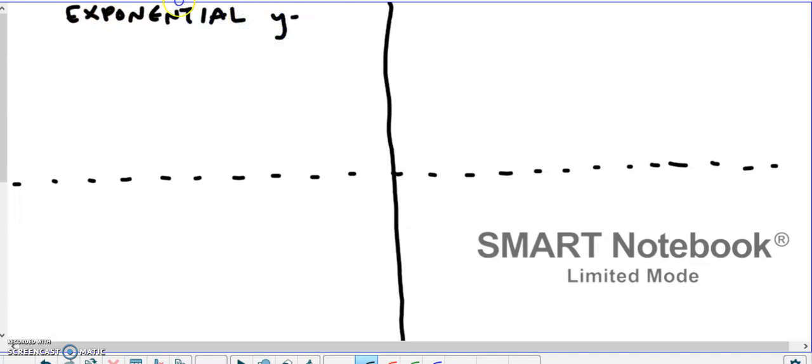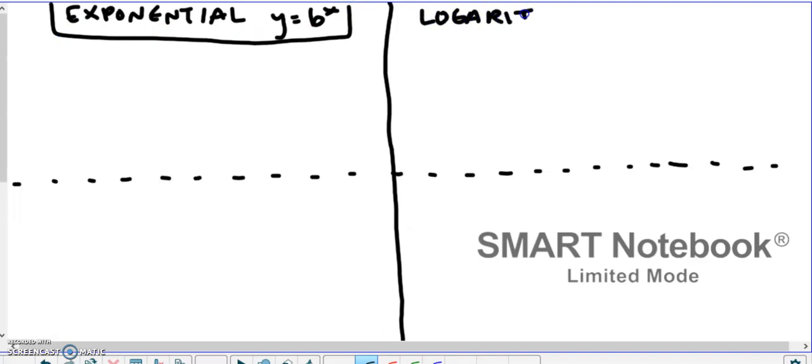This was the y equals b to the x. And then the right side will be doing the logarithmic graphs. And that function is y equals log base b of x.